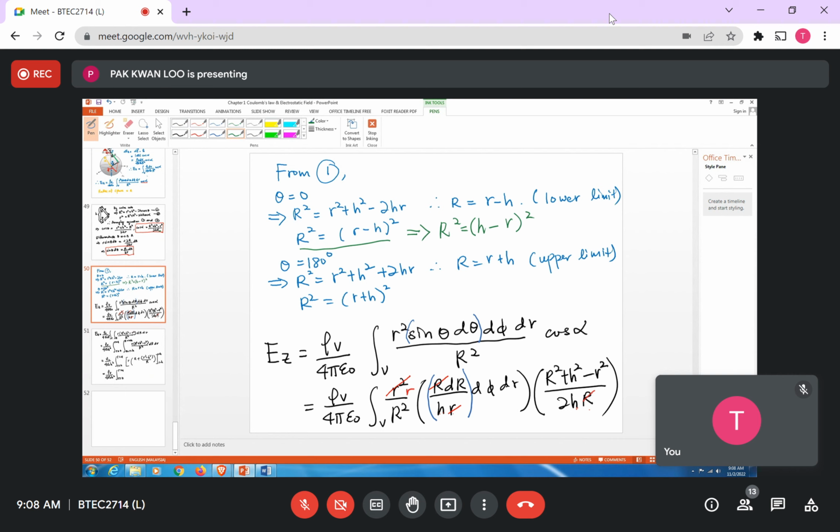Because if you see carefully, I can factor out the negative, and it becomes h minus r squared. So these two are the same. This is the ambiguity that I'm talking about, the ambiguity term that causes your answer to be zero.